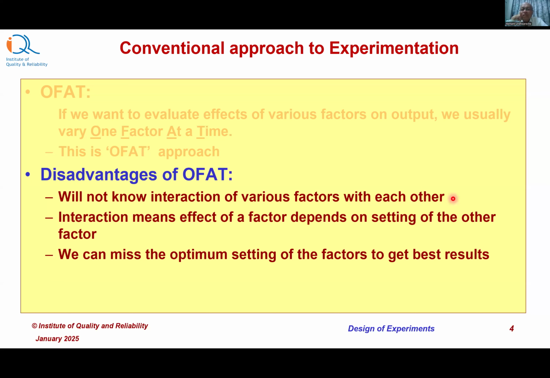I am getting some other effect, let us say weakness, or a stomach upset. So there are combined effects of multiple factors. Factors are often not independent, and that is the main disadvantage of OFAT.